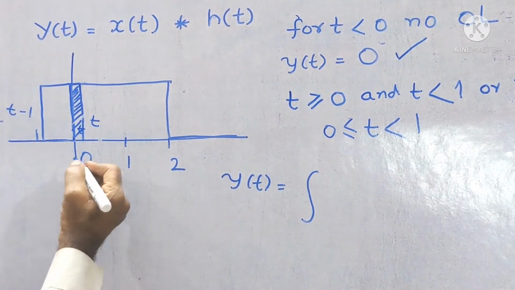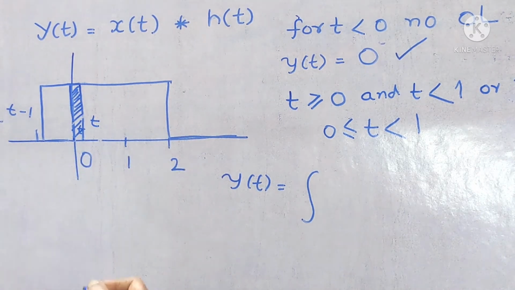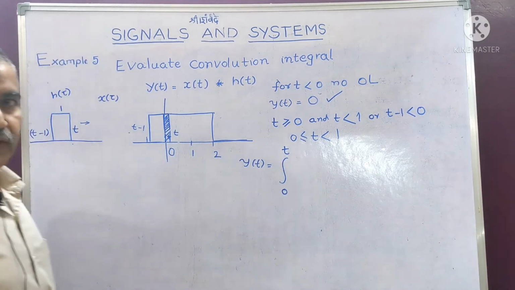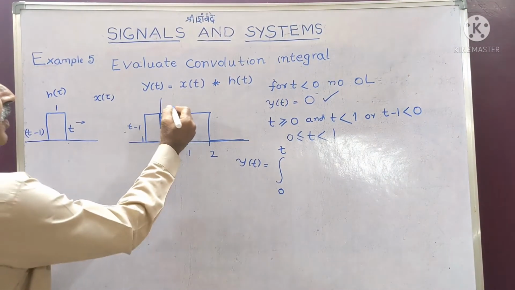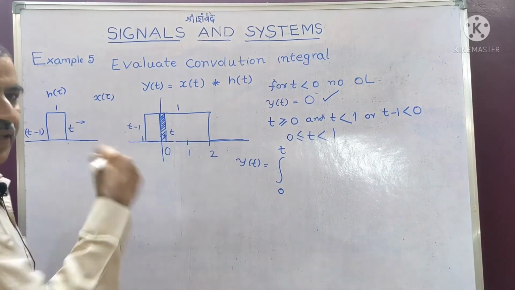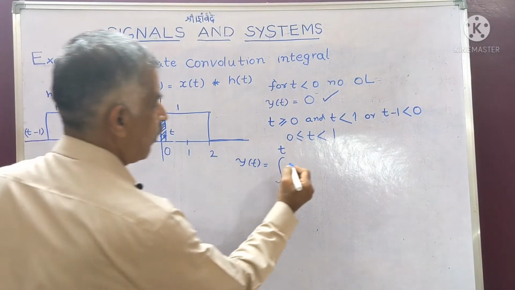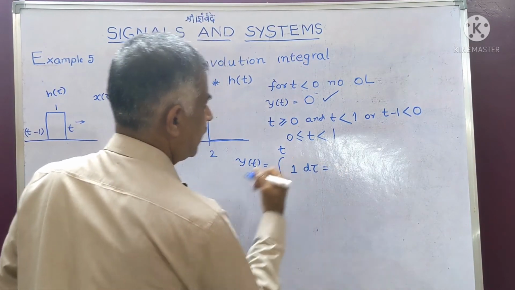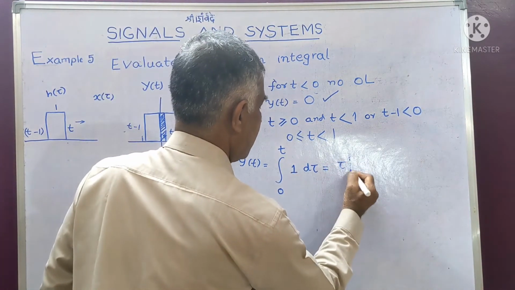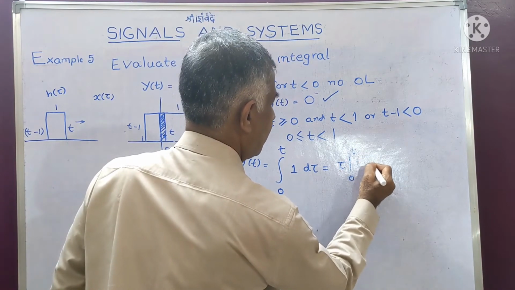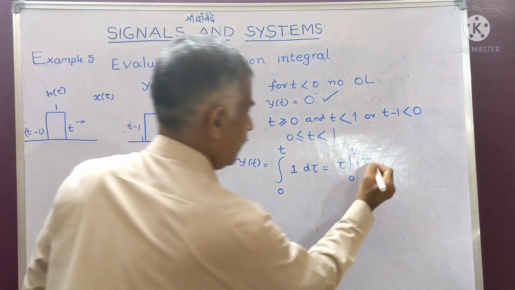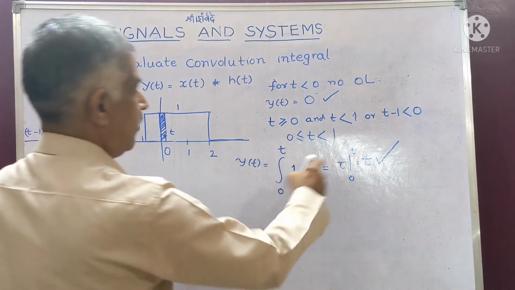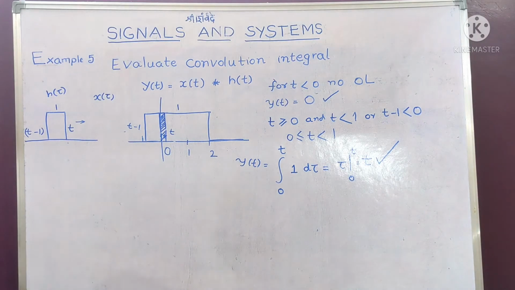Therefore here the limits I will take are 0 to t, then both waveforms have a height of 1 unit. Therefore the product term is 1 d tau. If you integrate this, then it becomes tau from 0 to t, equal to t. So this is the second answer, an equation of a straight line passing through the origin. This is t.